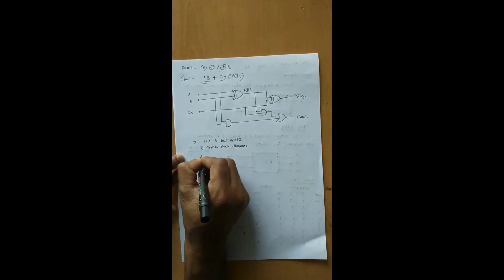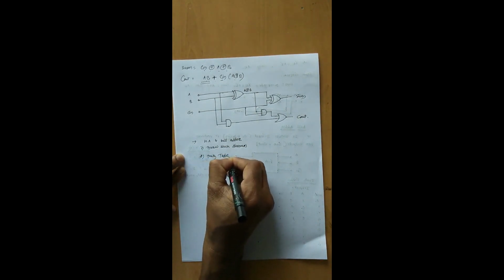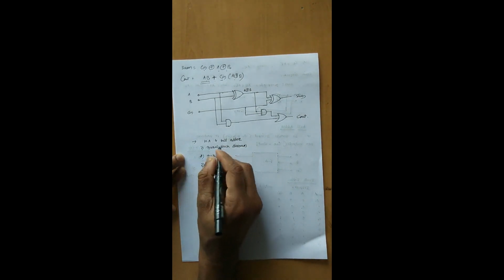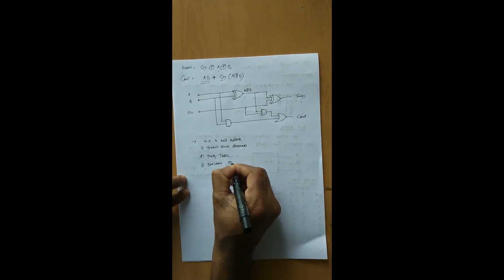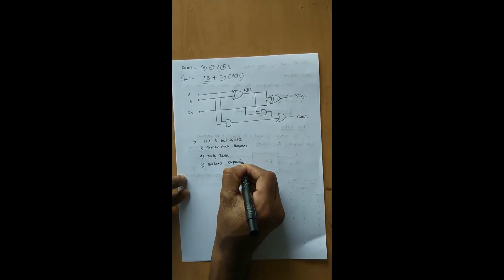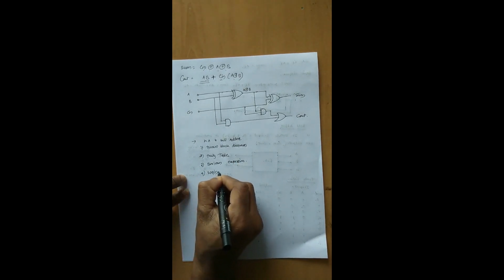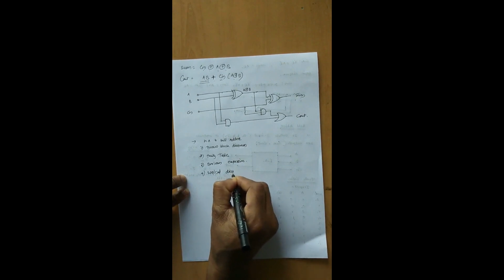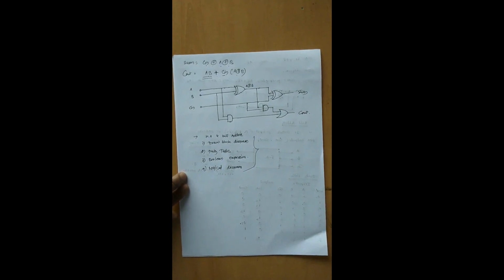Next, the truth table. With the help of the truth table, we find out the Boolean expressions. We reduce them, and at last, with the help of the Boolean expressions, we draw a logic diagram. These are the design steps for the implementation of an adder.